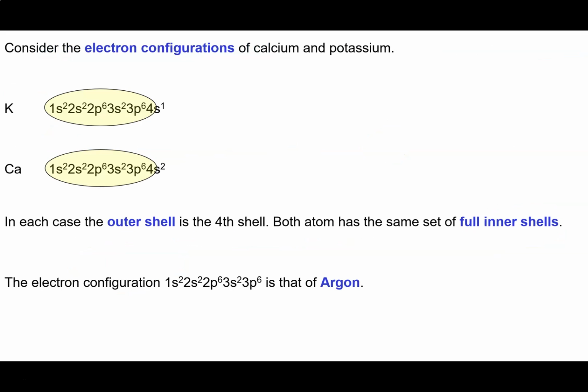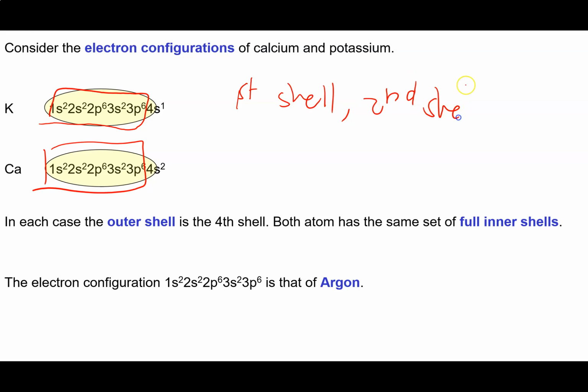If we look at the electron configuration for potassium and calcium, we see that the first 18 electrons are all placed into completely filled subshells. So we completely fill the first shell in both cases, and then we fill the second shell completely, the 2s, 2p, and then we fill up the 3s subshell and the 3p subshell.